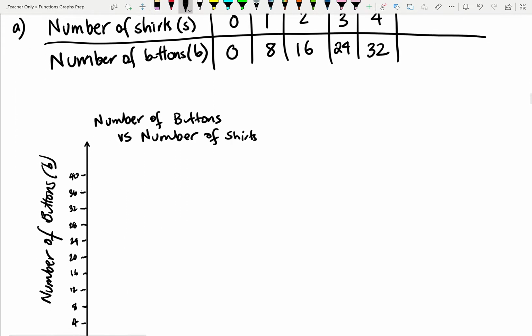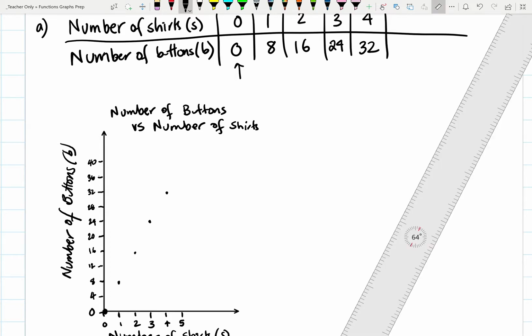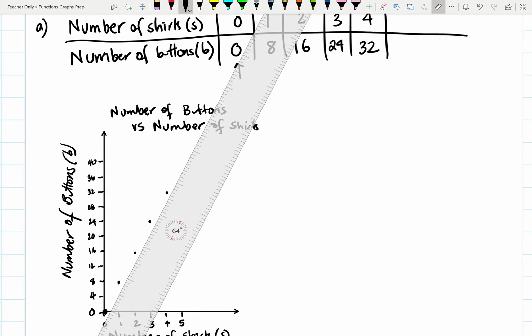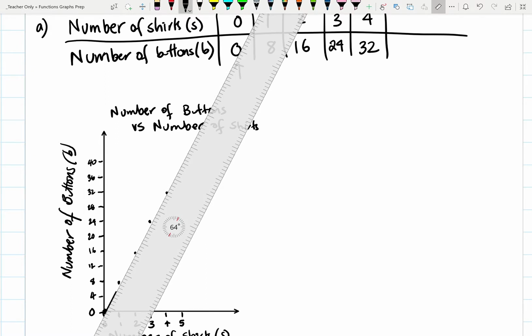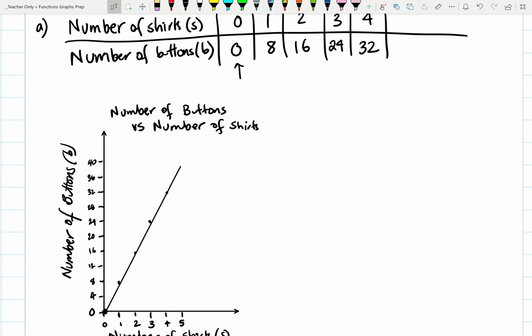When we plot those points on a set of axes, our first point is 0, 0, which should be our first hint that this may be directly proportional. Our second point is 1, 8, 2, 16, 3, 24, 4, 32, and so on. Then we use a ruler to join them up with a straight line, and you can see that we have this nice straight line that goes through 0, 0.